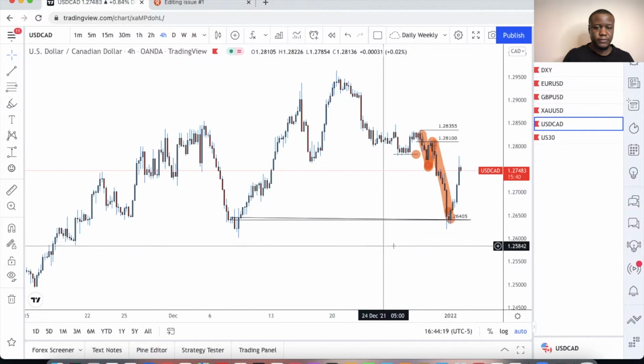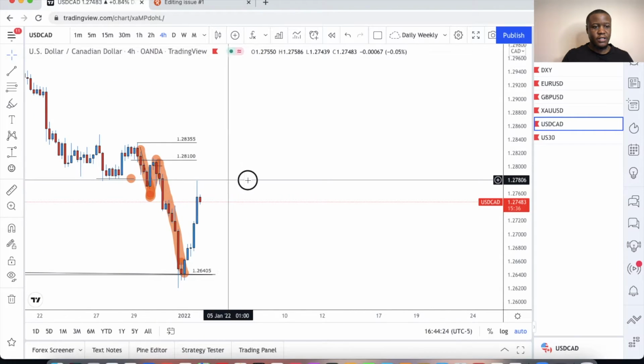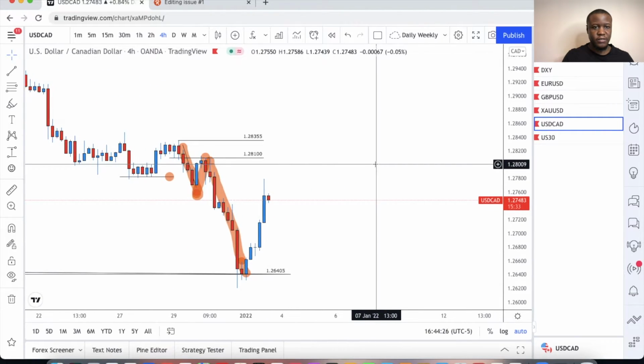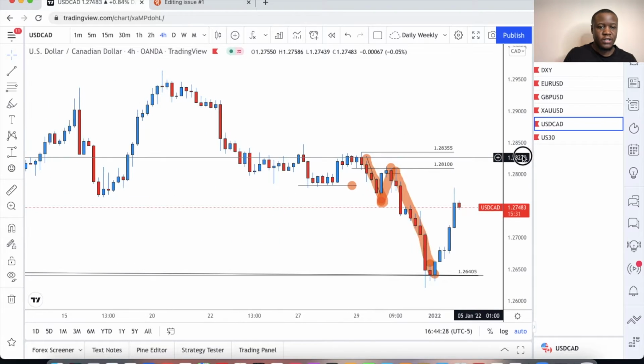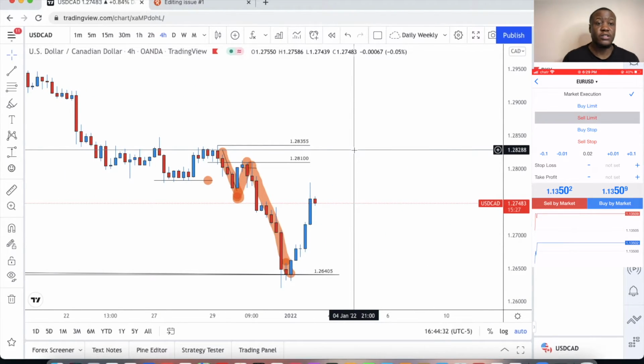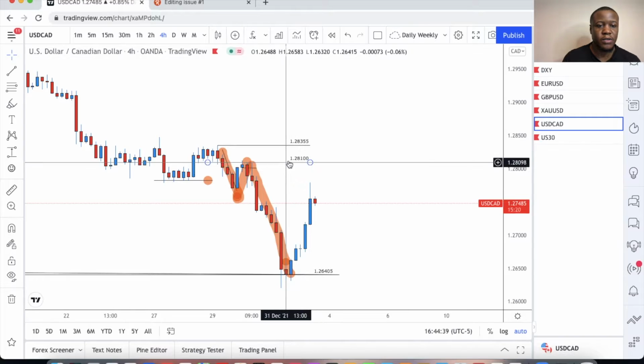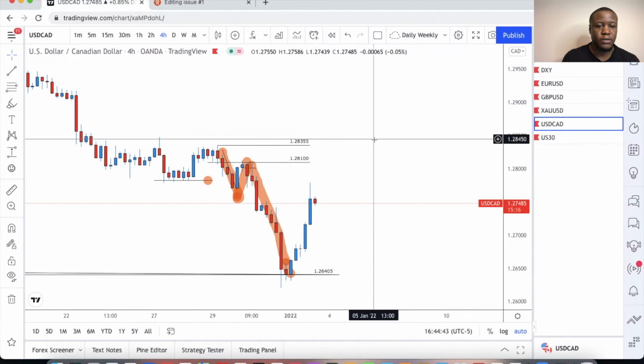All right. So now in your MetaTrader, how do you want to enter this trade? You want to click on market execution once again, and this time you're going to hit sell limit, and for your entry price, you're going to put 1.28100 if this is the trade setup that you see. You're not actually doing this because this trade already happened, right?